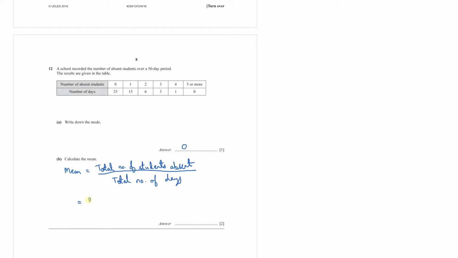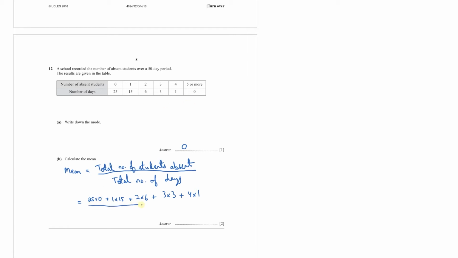So 25 times 0 plus 1 multiplied by 15, plus 2 times 6, plus 3 times 3, plus 4 times 1, and then the total number of days is 50, which is the sum of these values.